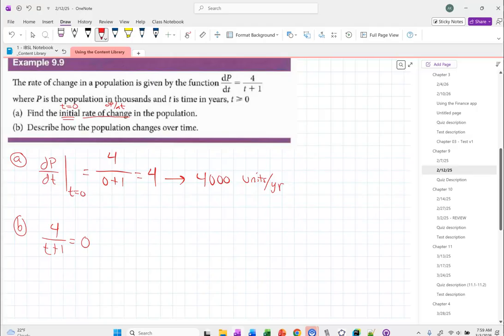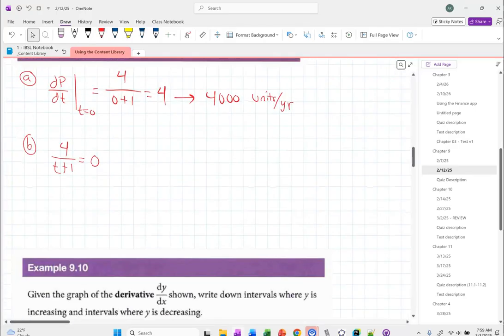You have to multiply to get the t out of the denominator. What would I do to do that? Multiply both sides of the equation by t plus 1. Yeah, there you go.